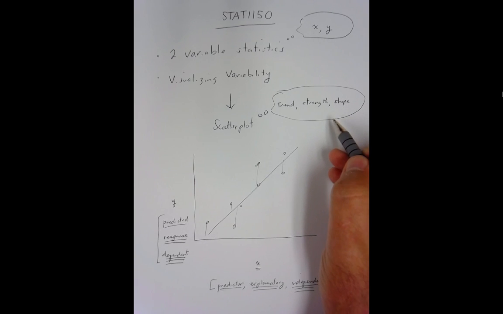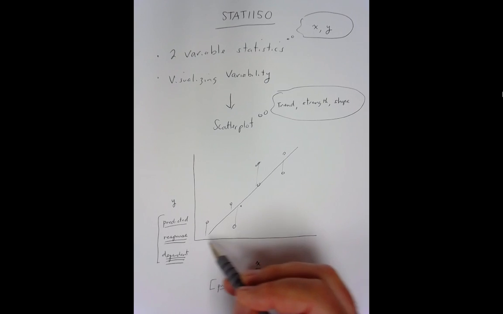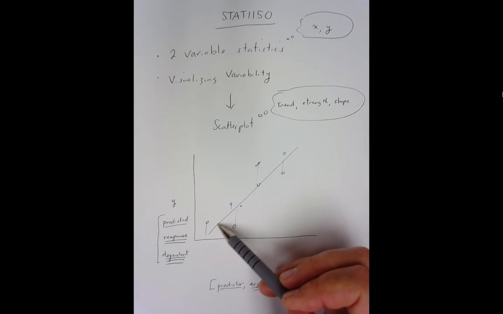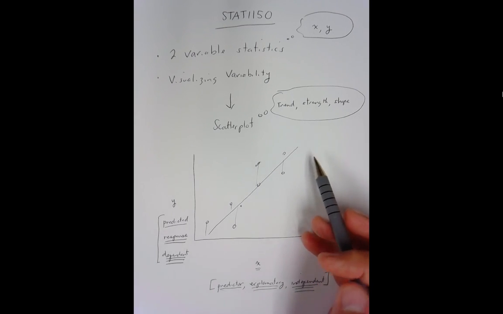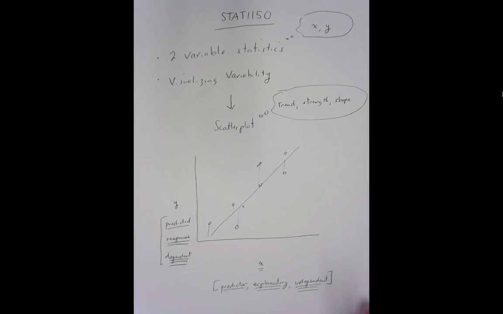And I would call the shape linear because again, the overall pattern of the relationship seems to follow a linear tendency. So, this is just review. We've talked about all this stuff in previous videos. So you guys should be experts at that by now.